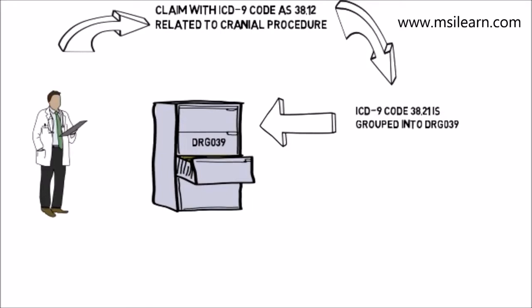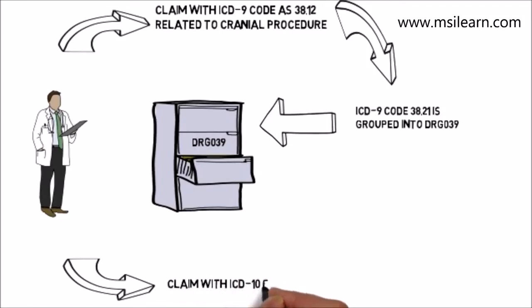Now let's move on to the ICD-10 version. Now we have ICD-10 codes coming in. Same thing happens, the doctor provides a treatment to the patient, and instead of submitting a claim in ICD-9 format, this time the doctor submits a claim in ICD-10 format.